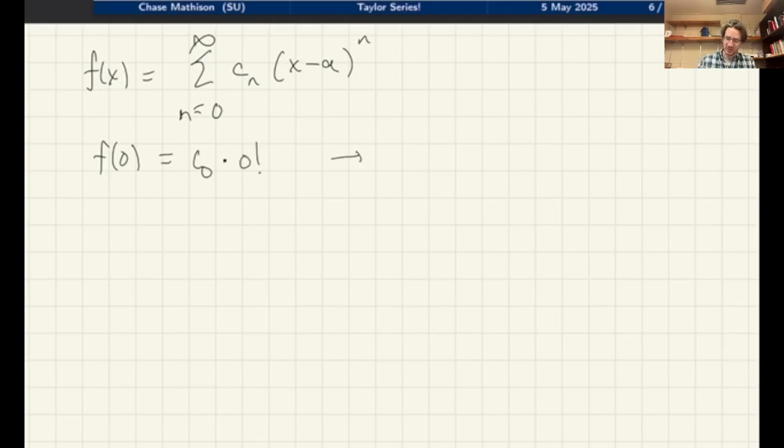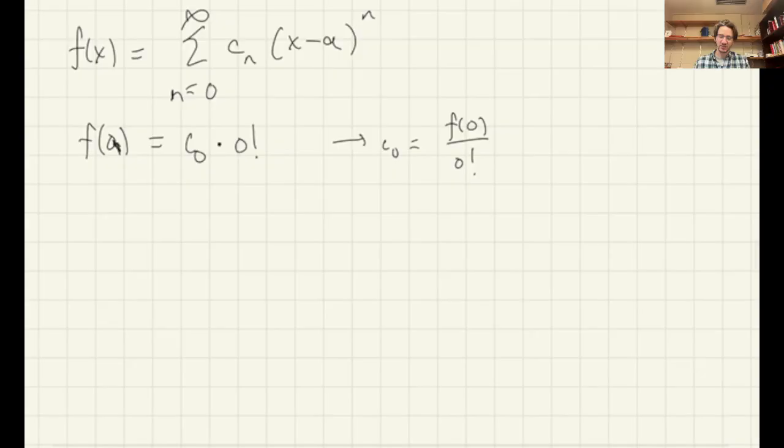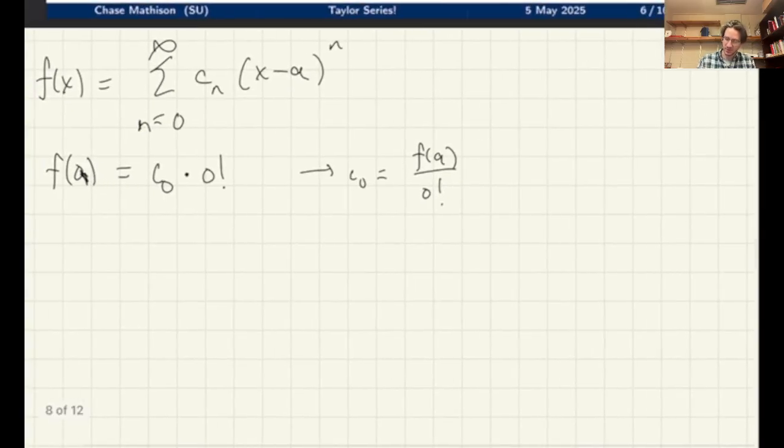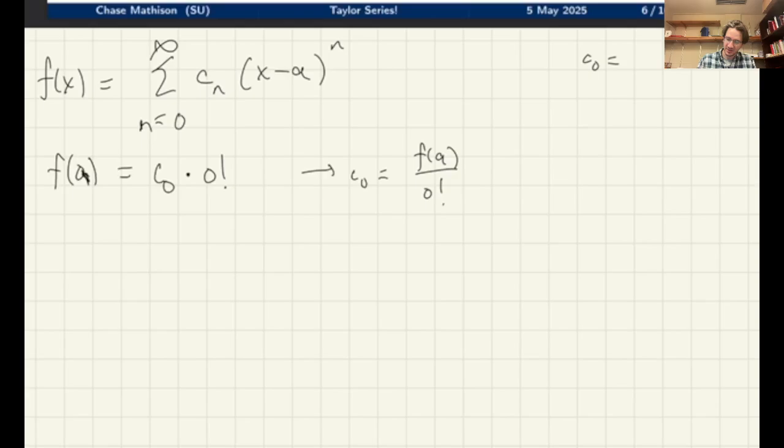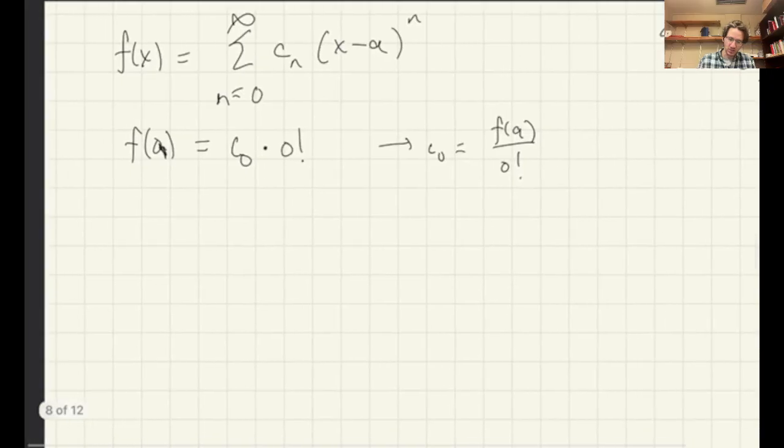The center here is a, so a is what makes everything die off on the right, except for the constant. So c0 is f of a divided by 0 factorial.